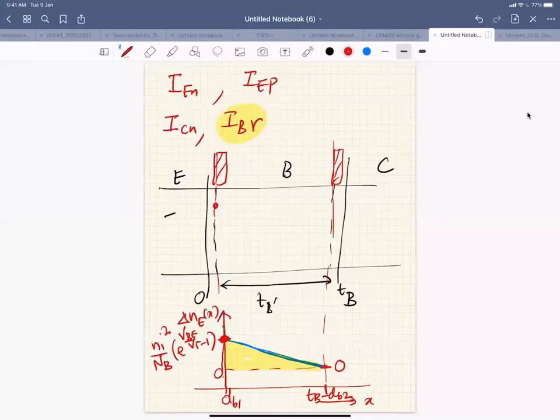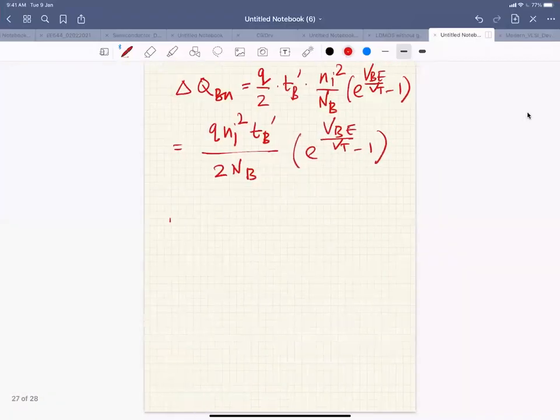So how do you define IEN? Because this is the current we are talking about. You could also write IEN equal to this delta QBN divided by a time, because current is charge collected in a particular time.